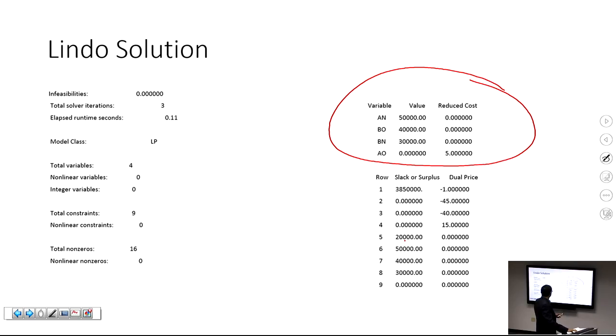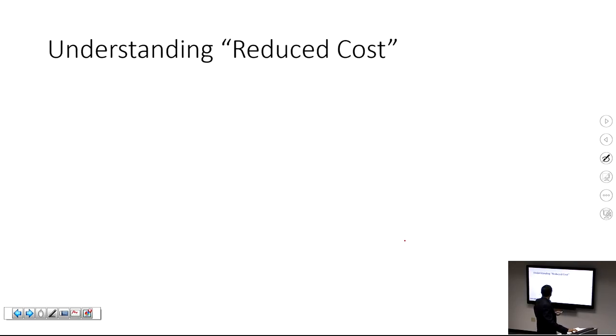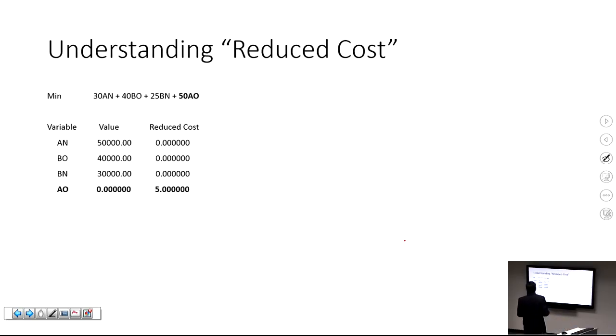So you solve this in Lindo and you get the solution right there, okay? So that's the solution. So make 50,000 of product A on the new line, make 40,000 of product B on the old line, and so on. So that's the solution. That's the first thing we should be able to do: read the solution from the Lindo output.